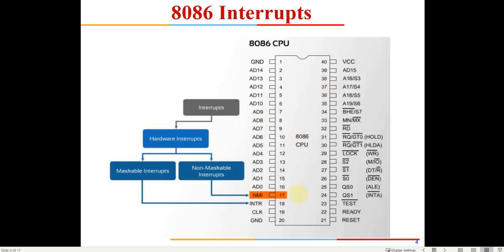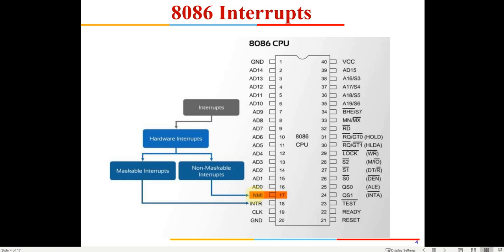So this is an 8086 processor. There is a pin known as NMI. Whenever a non-maskable interrupt is to be started, on the NMI pin, pin number 17, a 5-volt signal is given by the hardware.